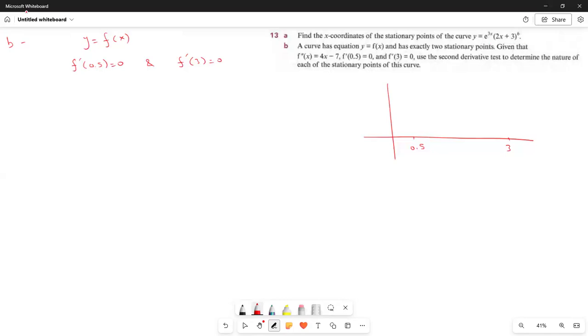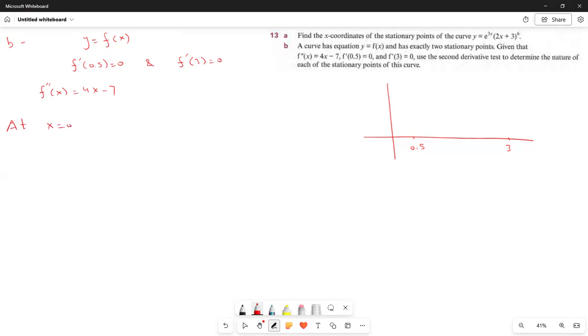So the curve is either maximum or minimum at 0.5, and similarly at 3 it is either maximum or minimum. So this is one thing. Second thing, we know that the second derivative of this function is given by 4x minus 7. This is interesting information.